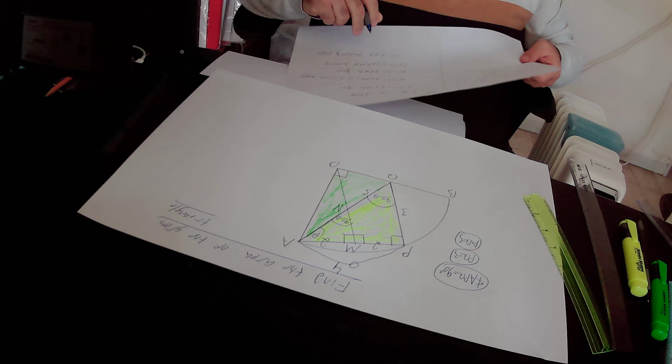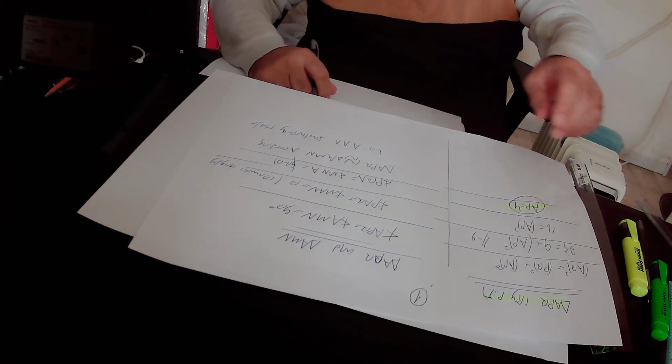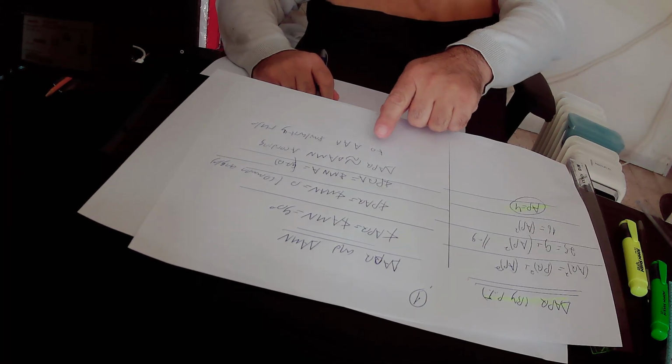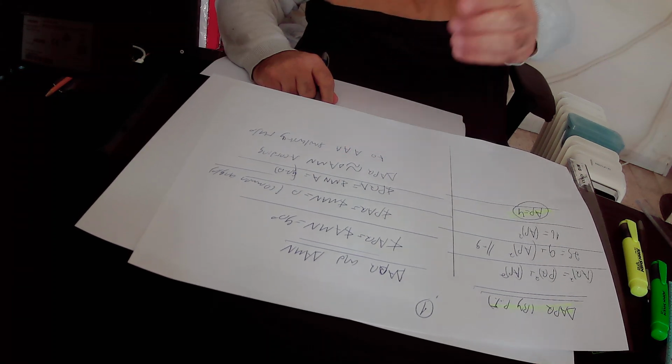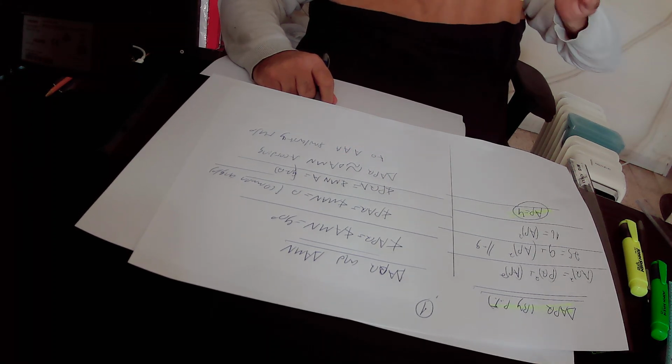Repeat again. The big right triangle APQ is similar to the small right triangle AMN according to the angle similarity rule.